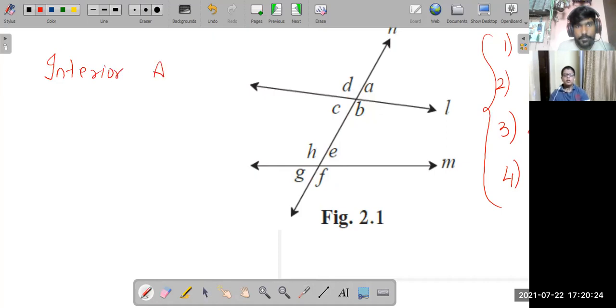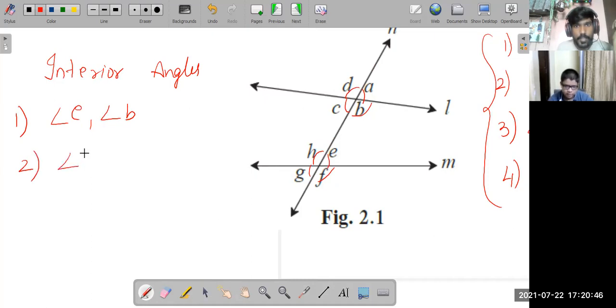Can you tell me the first pair? I could not hear you, can you repeat? Angle E and angle B. And second? Angle H and angle C. Okay, these are the interior angles.